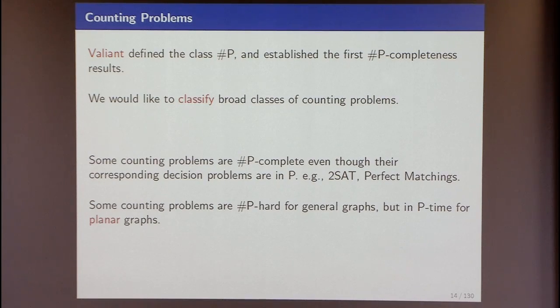And one of the goals of the classification program here eventually will be, and I think maybe Heng will touch on it today in the third lecture, to prove that in a very strong sense, these are the universal method: that anything that is generally hard over general graphs to count, hard meaning #P-hard, but becomes polynomial time solvable over planar graphs, is doable in this way.